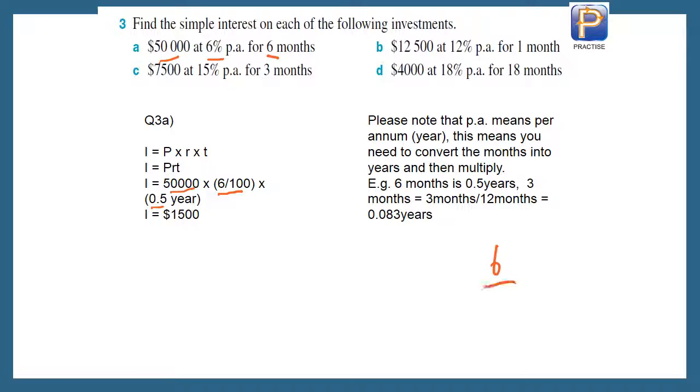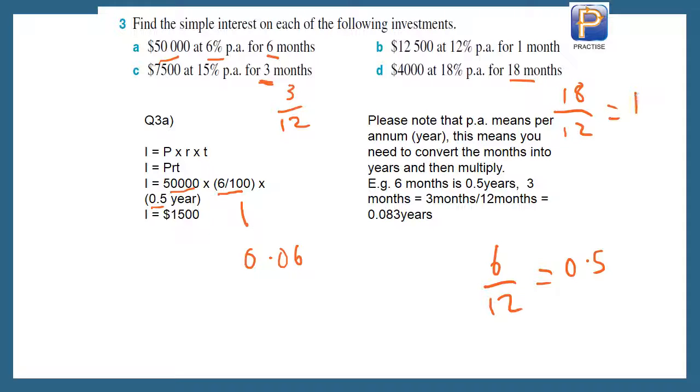Otherwise, 6 divided by 12 is 0.5. And my interest rate is 6 over 100 or 0.06. You can work it out however it works for you. This one here in C is going to be 3 out of 12. This one here will be 18 out of 12 months in a year, which will be 1.5 years, 18 months.